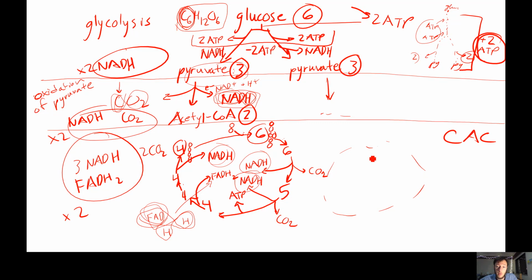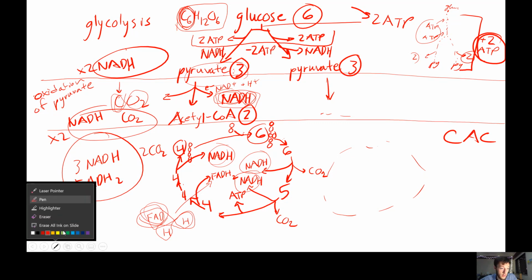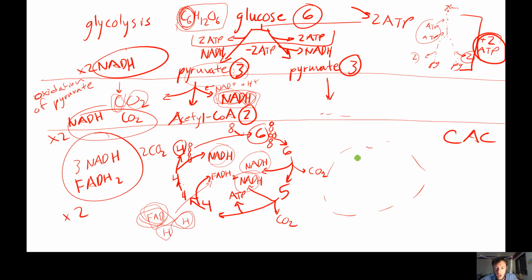So our net results here, maybe I should change the color. Our net results, we've got 2 NADH here, 2 NADH here, 6 NADH here, for a total of 10 NADH being produced between glycolysis and the citric acid cycle.